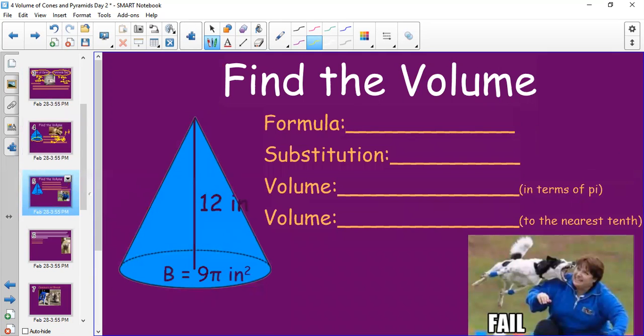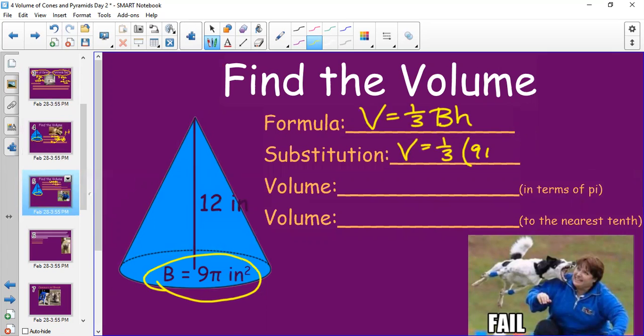All right, so we have a cone. We've got two options. We have to look at what we're given. Since we're given big B, we're going to use the formula with the big B in it. So 1/3 big B H. I'm going to plug in the two things I'm given, which was big B, which is 9 pi, and our height, which is 12.